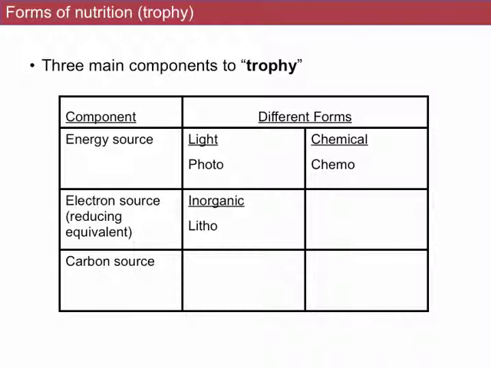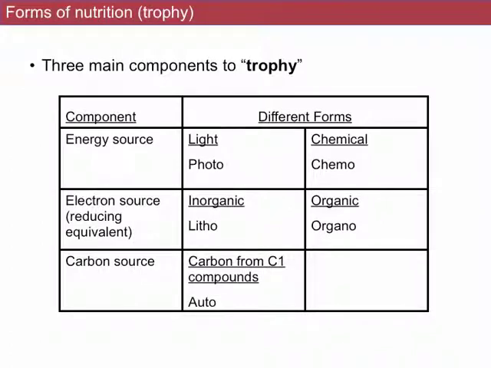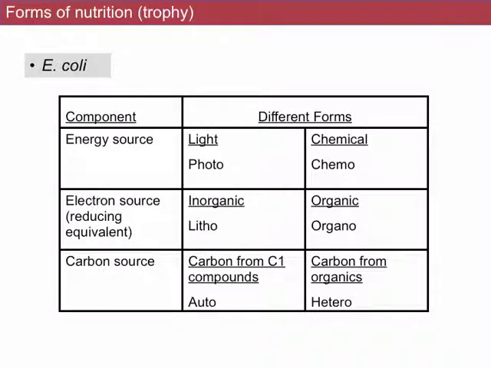So if we look at different organisms on the planet, we can categorize them in each of these and build a very complex compound name to describe their metabolism. So the bacterium E. coli gets its energy from chemicals, its electrons from organic compounds, and its carbon from organic compounds. It is therefore called a chemo-organo-heterotroph.